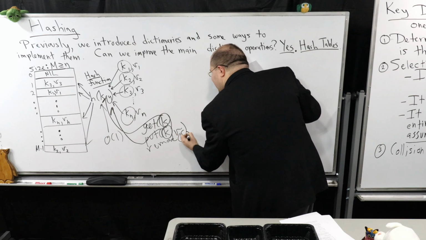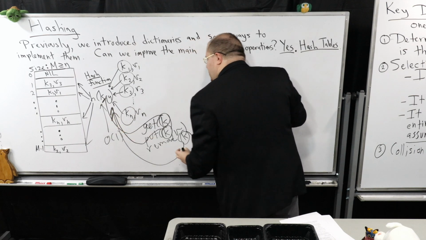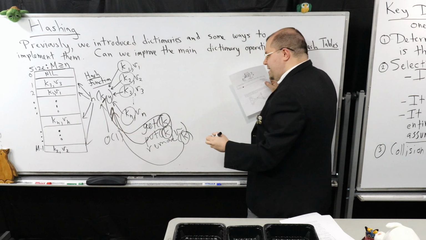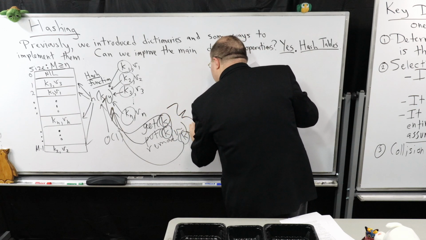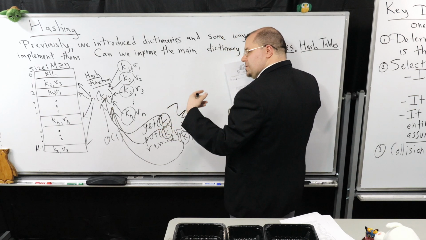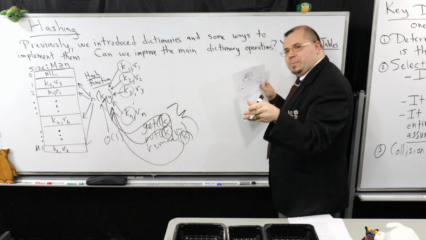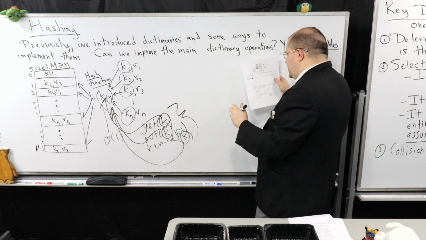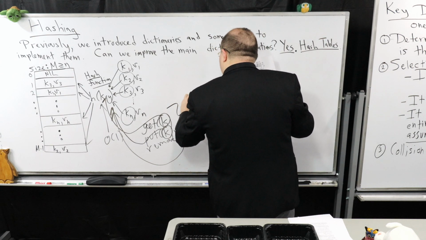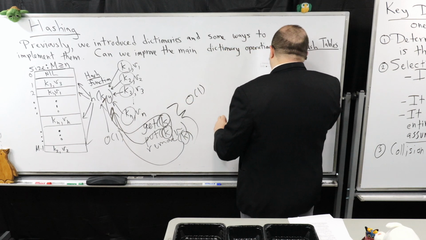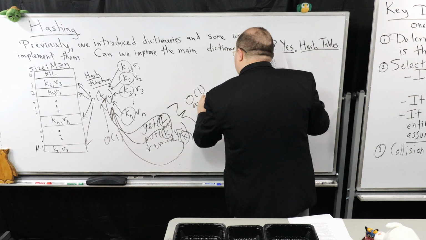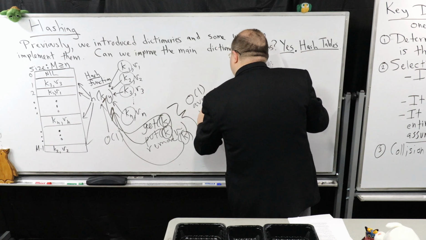This is the high-level view of what we're going to be trying to accomplish. But here's the idea: under the assumptions I'm able to give you here, and at least practically speaking, we'll try to obtain big O of 1 average running times.